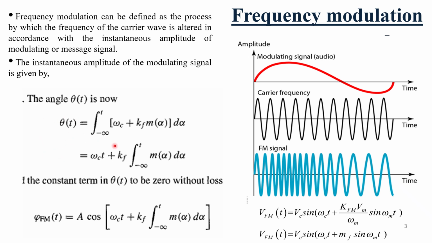Theta of t will be the integral from minus infinity to t of omega c t plus k of m of alpha. Here m of alpha may be a cosine function, Vm cos of omega t. You can integrate, replace, and you will get the final FM signal. Here the example is that your message signal is a cosine function.